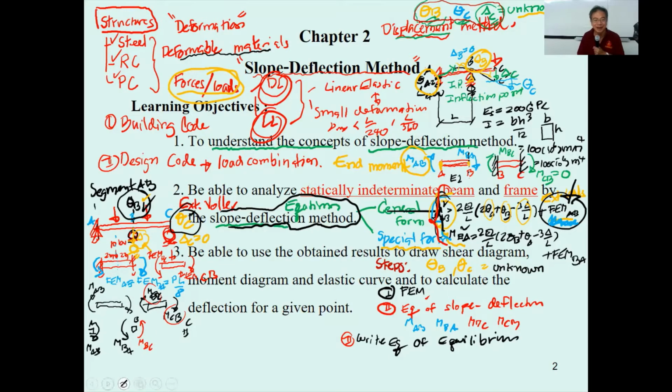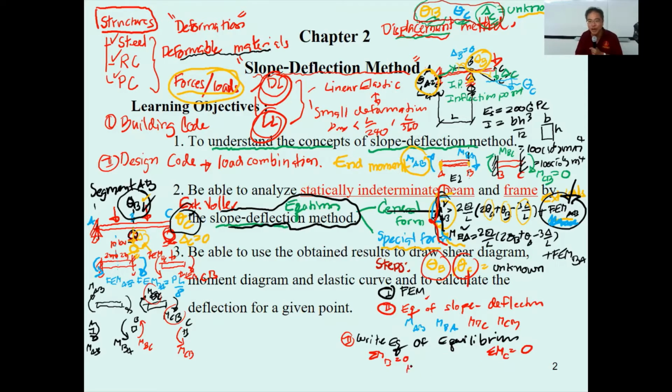And then you have another one at point C: M sub CB is going to be over here. Now, you have two unknowns, so you require two equations of equilibrium. One is the equation of equilibrium at B, and another is the equation of equilibrium at C, because you're looking for zeta sub C. So the summation of moments about B equals 0, and the summation of moments about C equals 0.